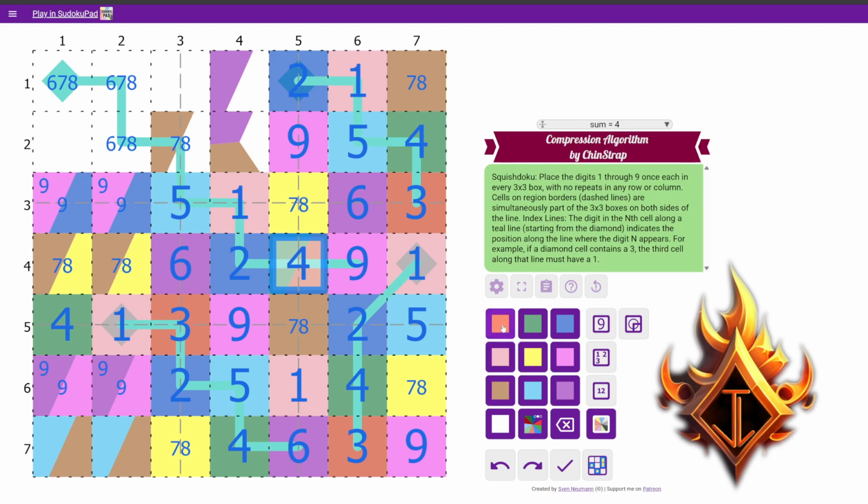This is green. That looks kind of good, I guess. This will be 5, 7, 8. And this will have a 6, 9.